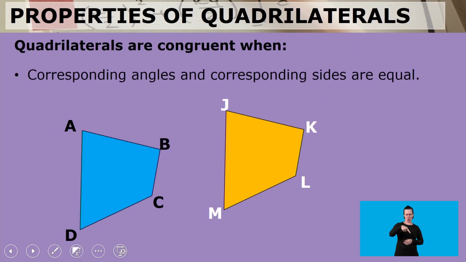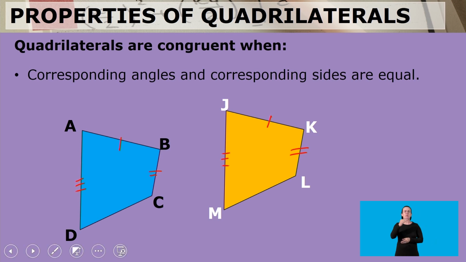Quadrilaterals are congruent when corresponding angles and corresponding sides are equal. If you look at that, you'd realize that that side would be equal to that one. That's when we talk of corresponding. The shortest side in the quadrilateral is equal to the shortest side there, and the longest side will be equal to the longest side, leaving out the last side to also be equal to the last side in the other quadrilateral.